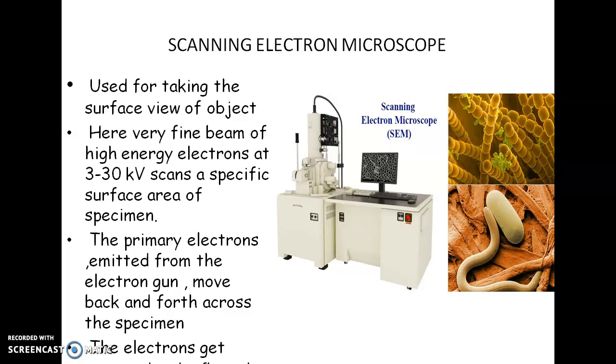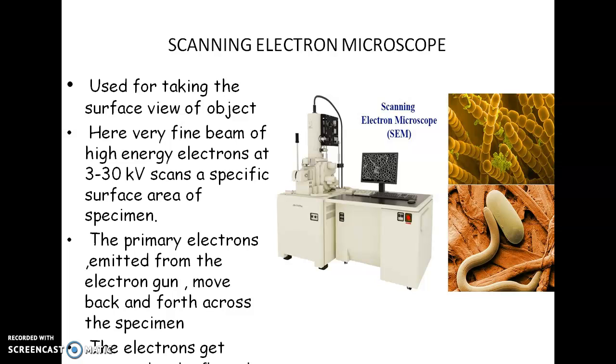Whenever we apply this much voltage to the electron gun, it will emit electrons. These electrons soon impinge on, or begin to attack, the microscopic object that we want to analyze.